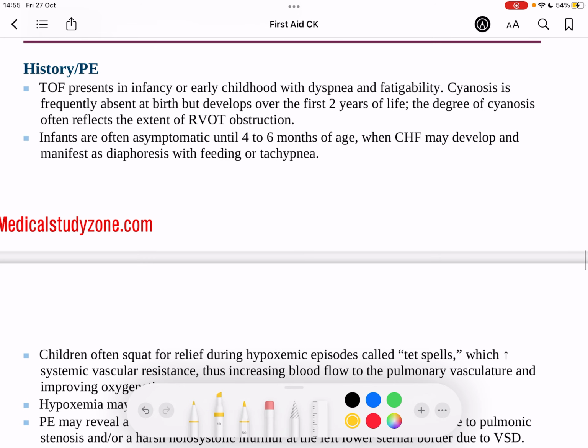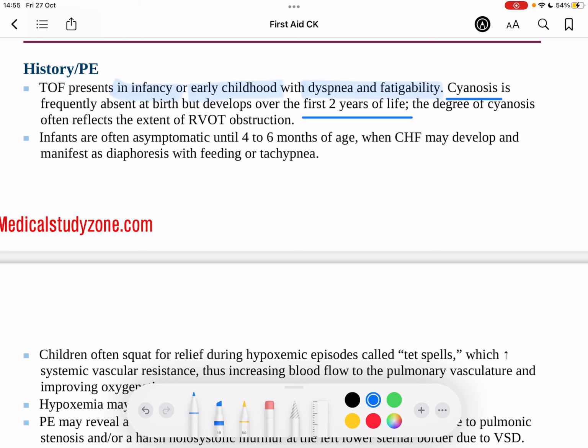In terms of your history and physical examination, Tetralogy of Fallot presents in infancy or early adulthood with dyspnea and fatigability, and you're going to be seeing cyanosis. Okay, but you don't just see cyanosis continuously. You see essentially cyanosis in spells, but we're going to discuss this in more detail. So cyanosis is frequently absent at birth, but develops over the first 2 years of life.